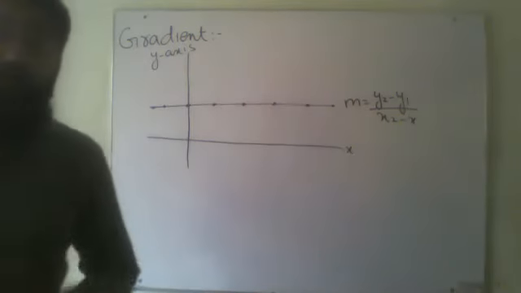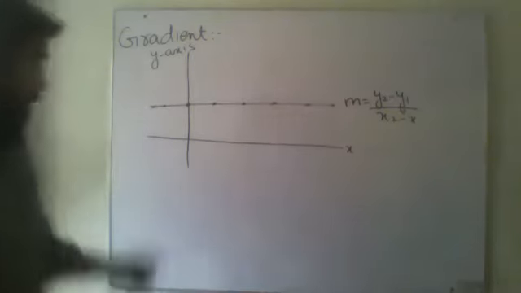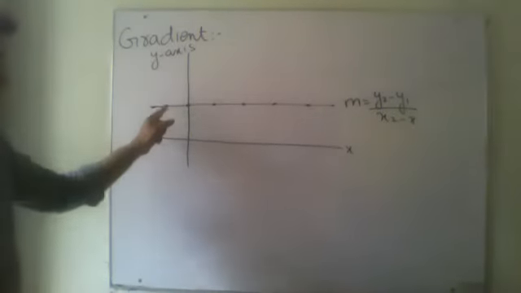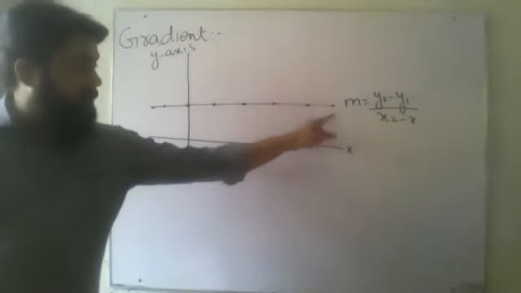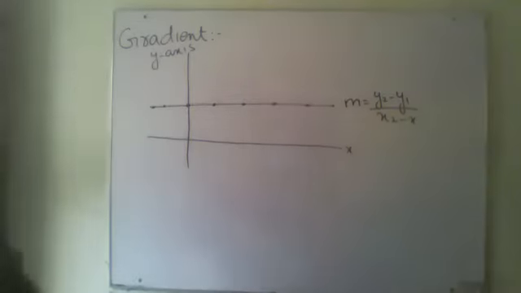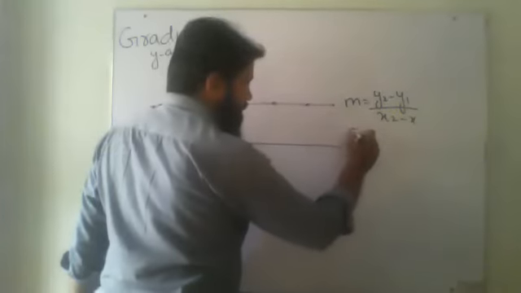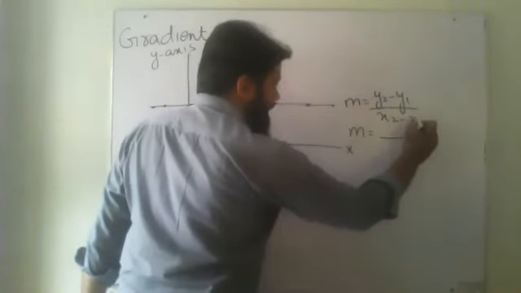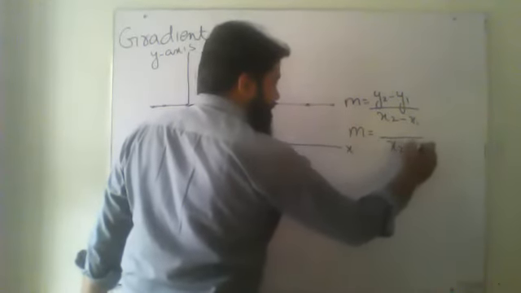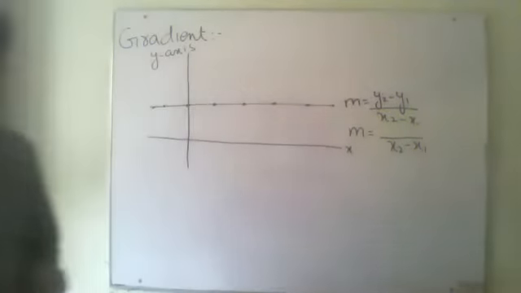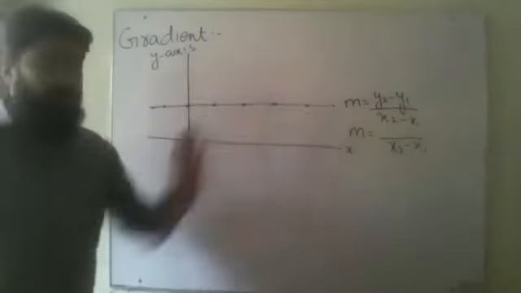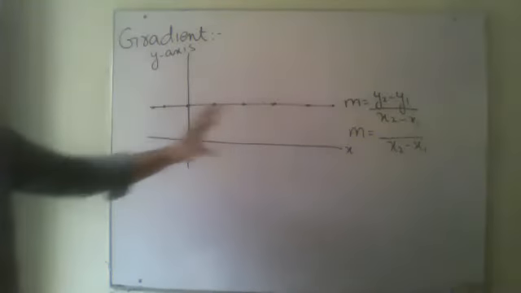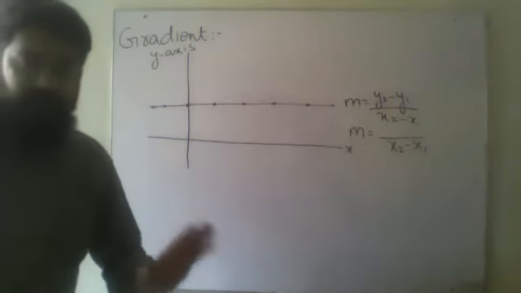The value of x is changing at each point on this line, so there will be two different values of x, x2, x1. I'm not considering which 2 points I am taking. I'm just saying that x2, x1 will be there.